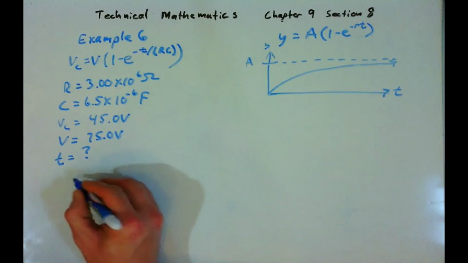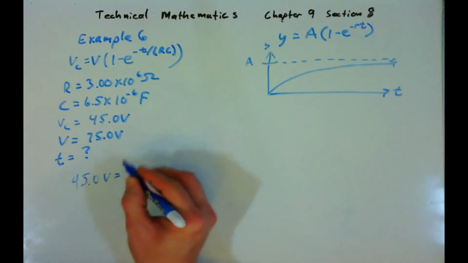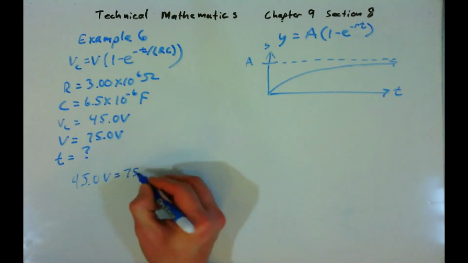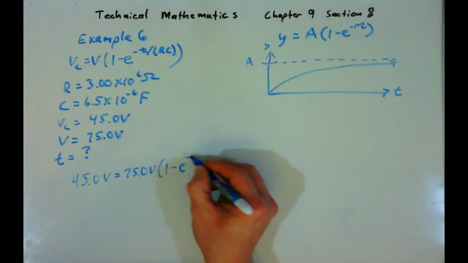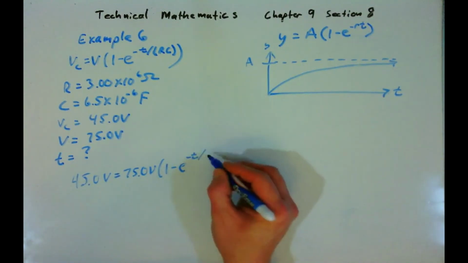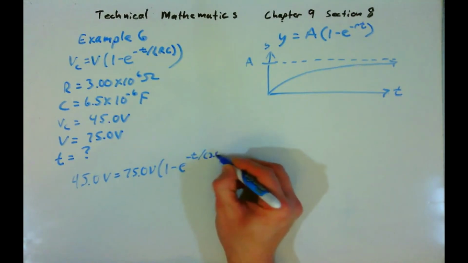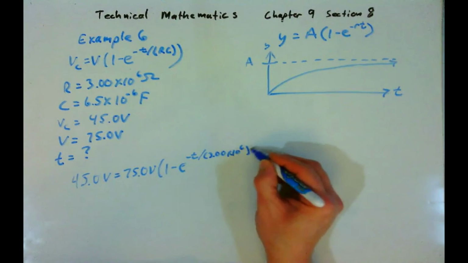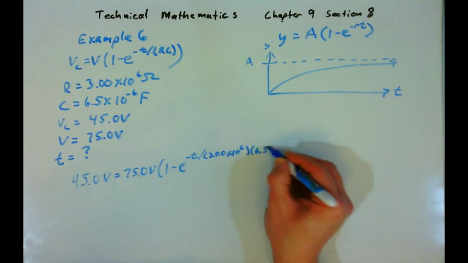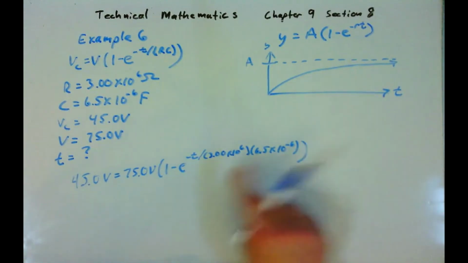So VC is 45 volts. That will be equal to V, which is 75 volts, times 1 minus e to the negative t, which is what we're solving for, divided by R times C. And so R is 3.0 times 10 to the 6th, and C is 6.5 times 10 to the negative 6th.